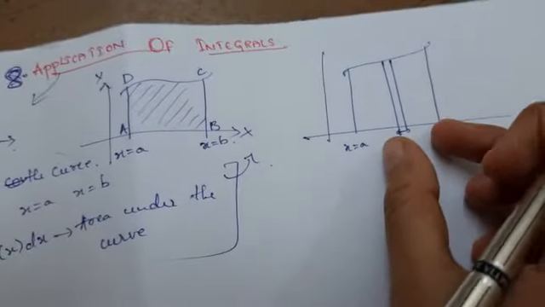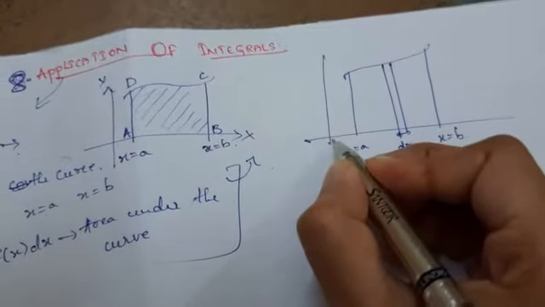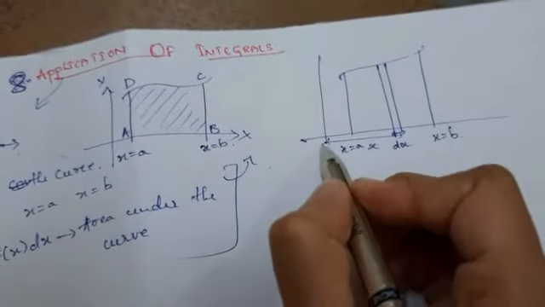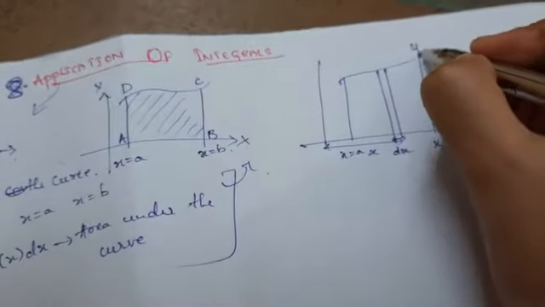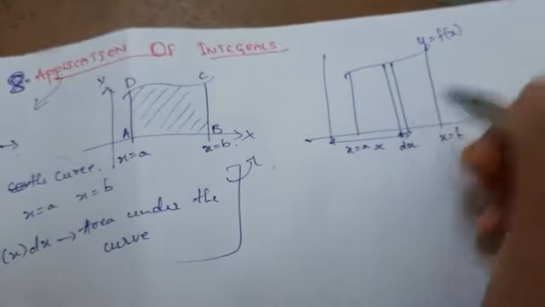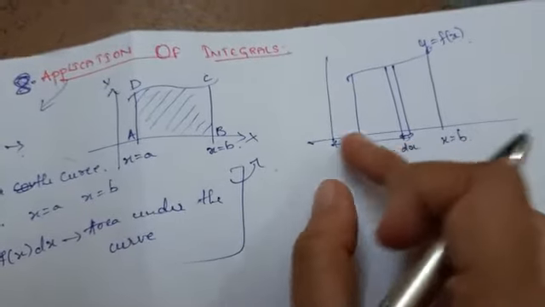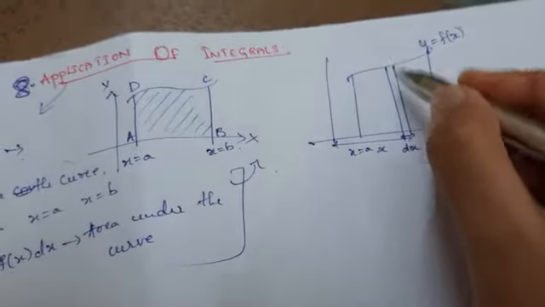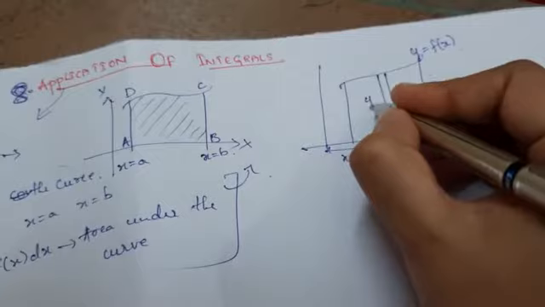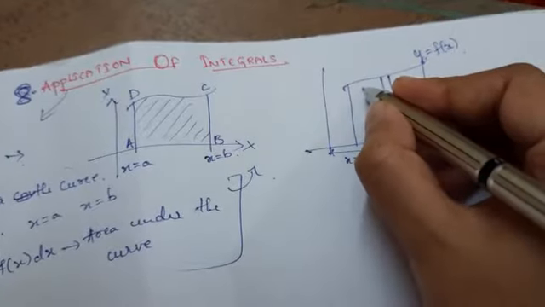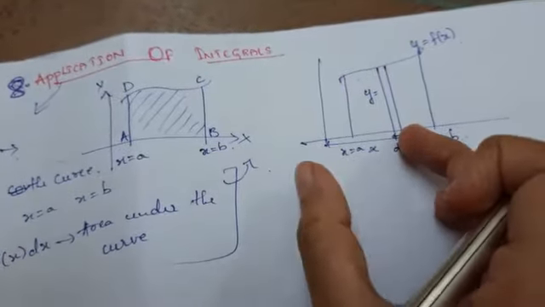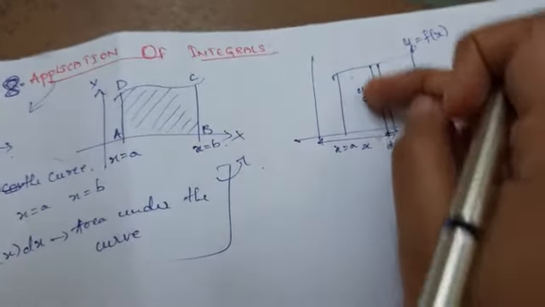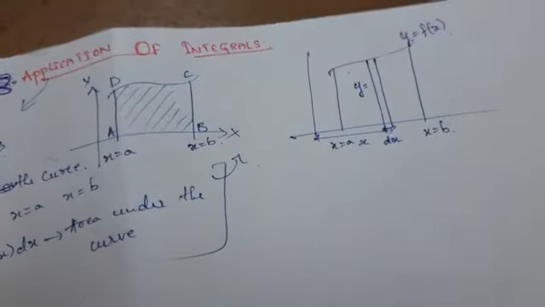If this strip is lying at a distance of x from the origin, and the curve is y is equal to f of x, then the length of this strip will be equal to y, or f of x.